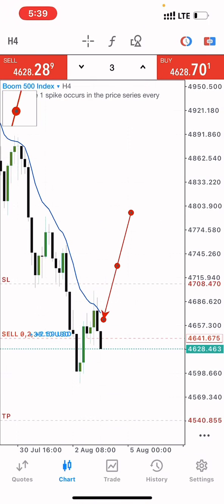Okay, so for the purpose of this trade, price had come to the moving average. Even though I wasn't active at the time, couldn't really catch it right when price came to the moving average. Of course, I would have waited for the next confirmation, which is the closing of this candlestick on the 4 hours time frame. So basically, when price comes to the moving average on the 4 hours time frame, you have to wait for a bearish closing.